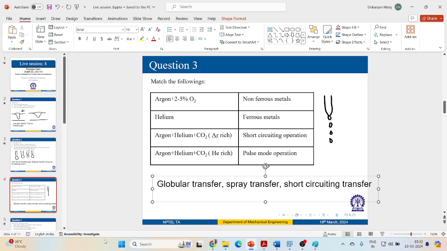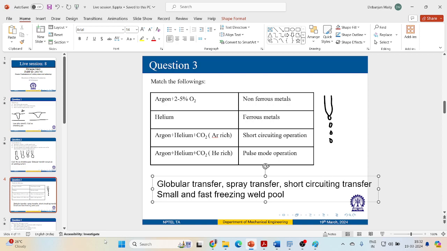So how can we characterize short circuit transfer? There will be a small and fast freezing weld pool. And when do you require a fast freezing weld pool or a small weld pool?